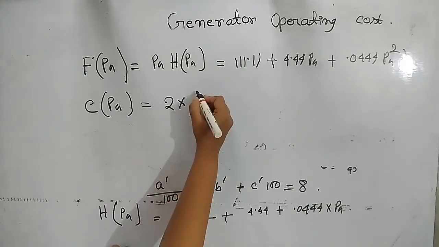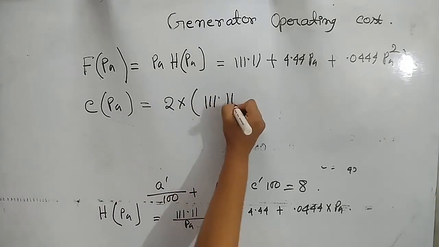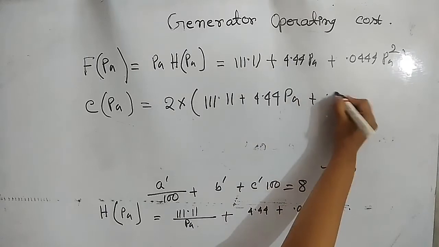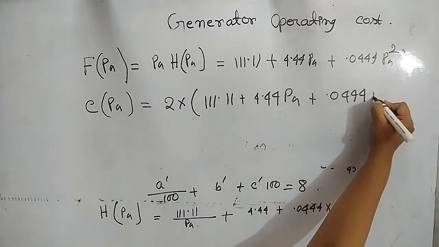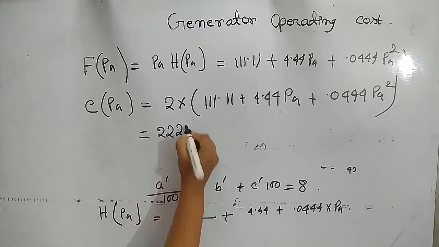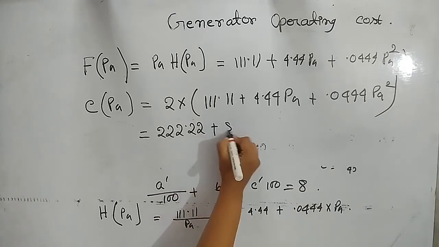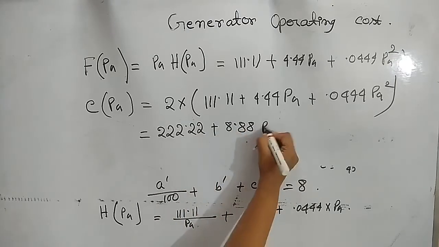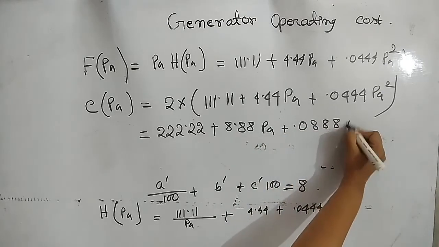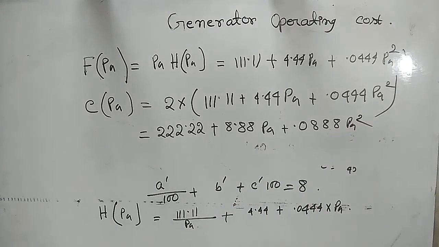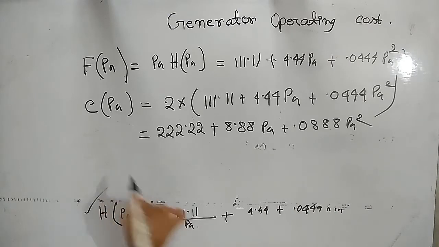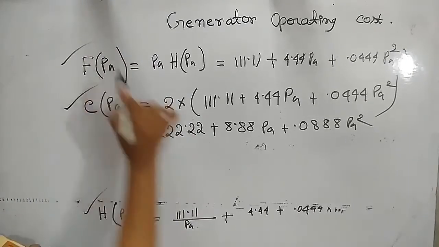So 2 into 111.11 plus 4.44 PG plus 0.0444 PG square. So this is equal to 222.22 plus 8.88 PG plus 0.0888 PG square. So this is the value of heat rate, this is the value of input fuel, and this is the value of total fuel cost.